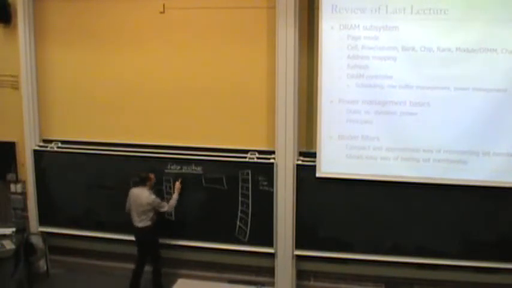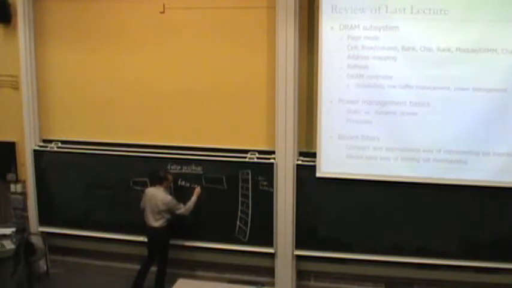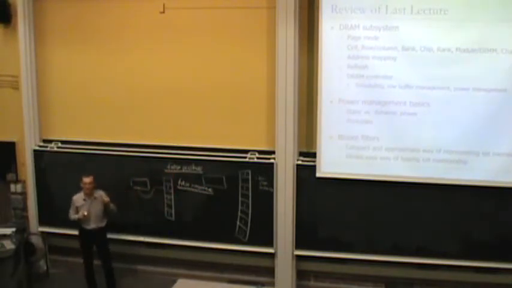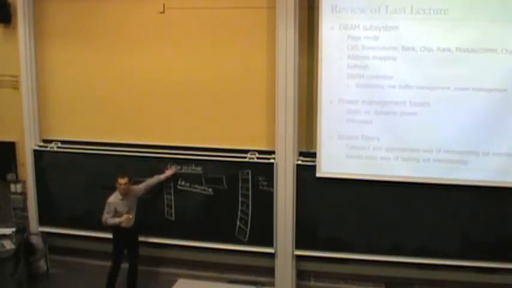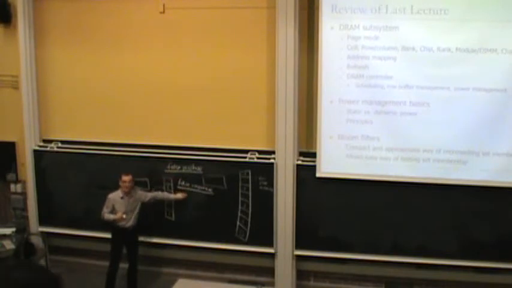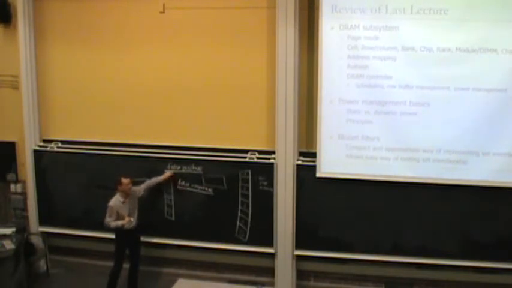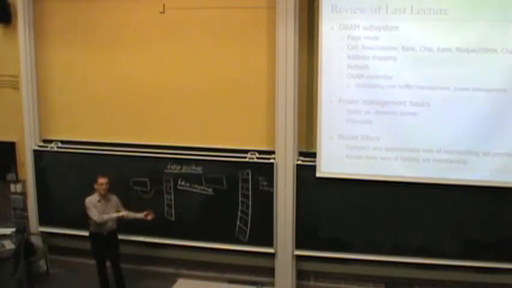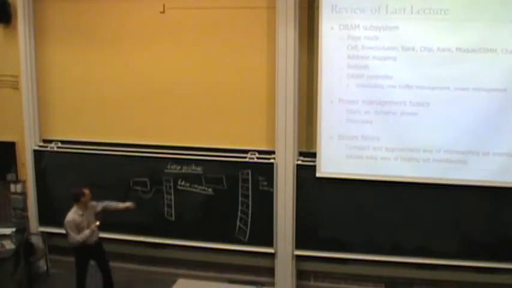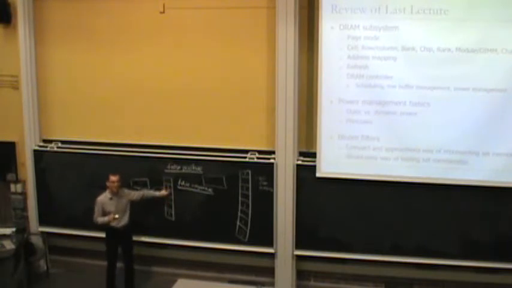So you don't have the false negative, because if an address is present, you definitely set the bit that corresponds to that address. If your problem is such that you can tolerate false positives but cannot tolerate false negatives, this is a good data structure. And for the problem we talked about, representing whether you should refresh a row or not, the Bloom filter says you should refresh the row if the bit is set.